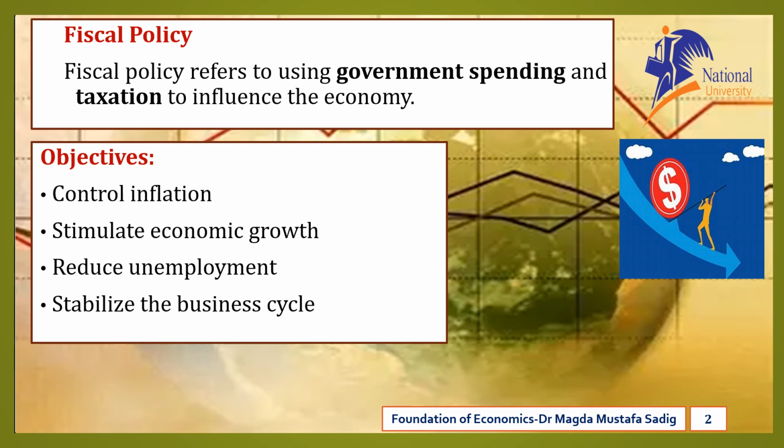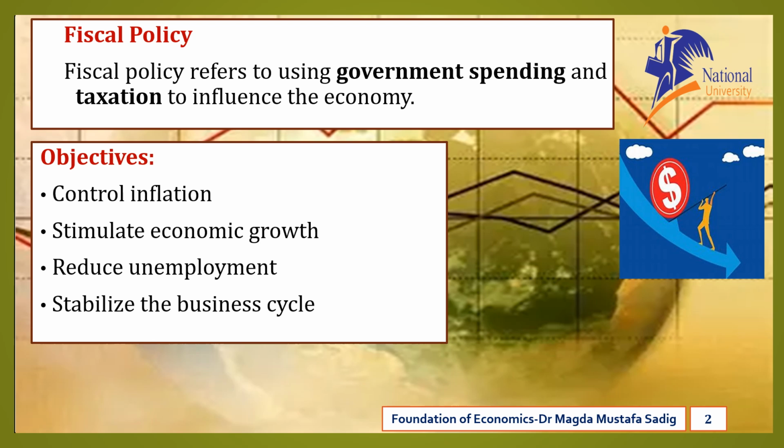What are the four main objectives of fiscal policy? Control inflation. When prices rise too fast, the government can reduce spending or increase taxes to reduce demand. Stimulate economic growth. During a slowdown, governments may spend more or cut taxes to encourage more business activity and consumer spending.